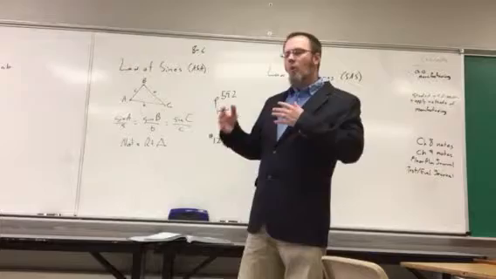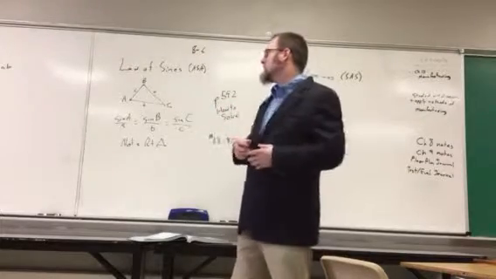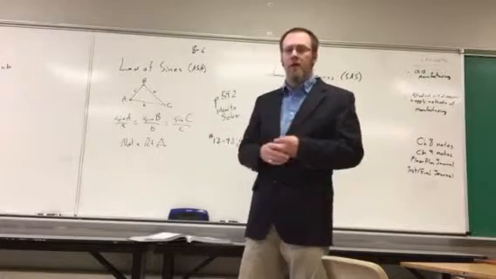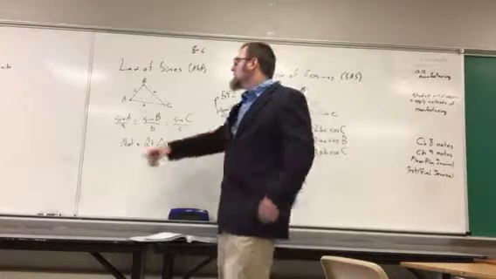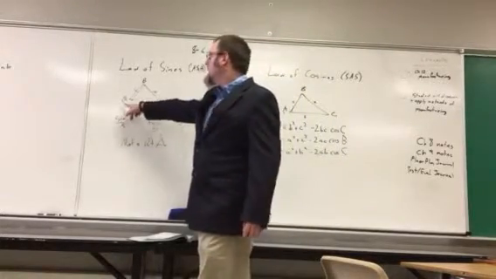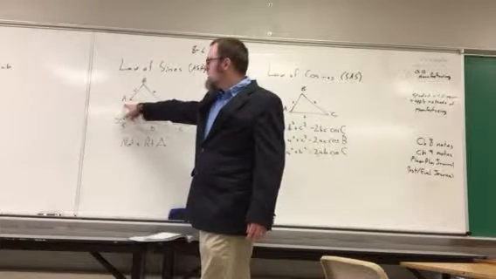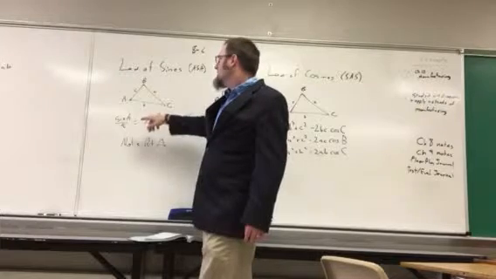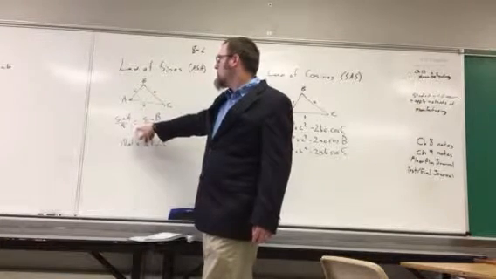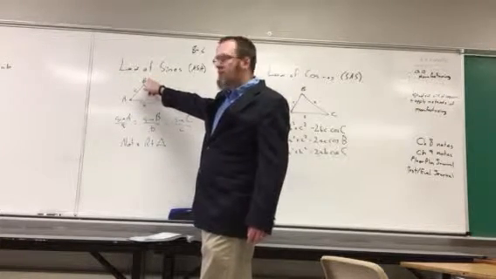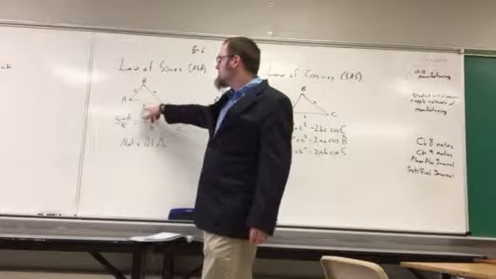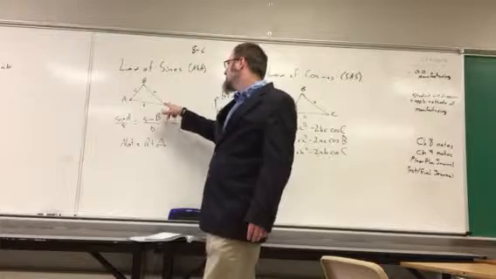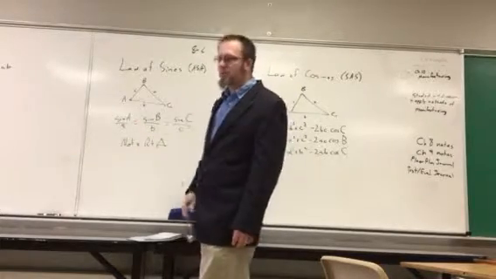Once I know that information, the law of sines is a common ratio. The sine of A, this capital A, over the opposite side from it, is equal to the ratio of the sine of capital B and the small b, the side opposite that angle, which is equal to the sine of C and the side opposite that angle.